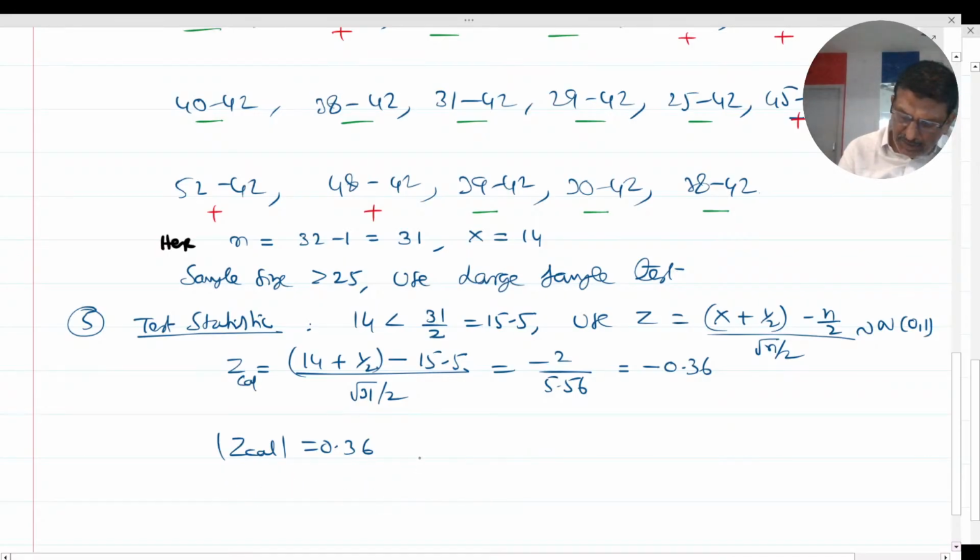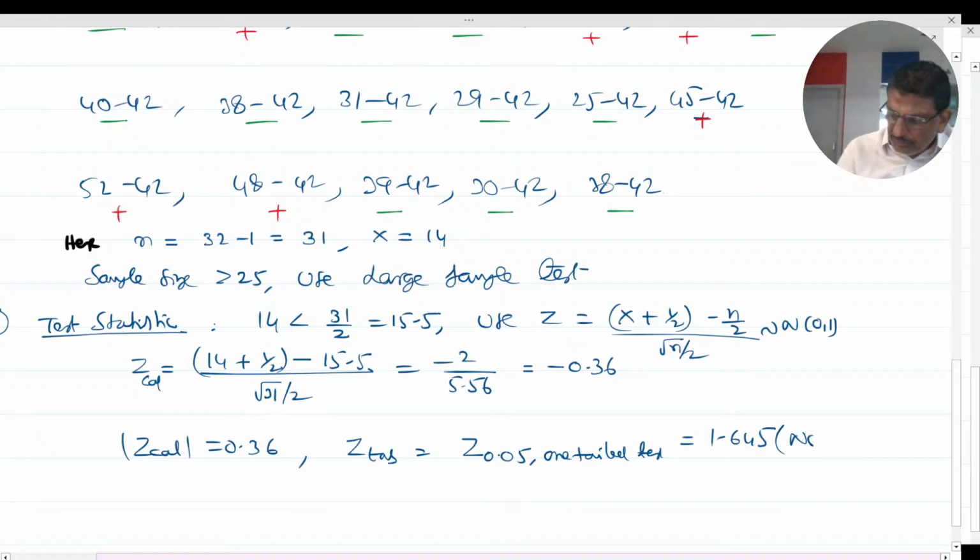For the small sample case, use the sign table values. For the large case, the Z statistic follows a normal distribution. That's why Z 0.05, one-tail test value is 1.645. Go to the Z normal table values already provided.